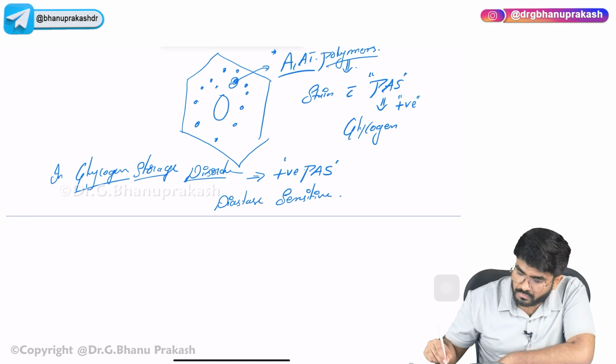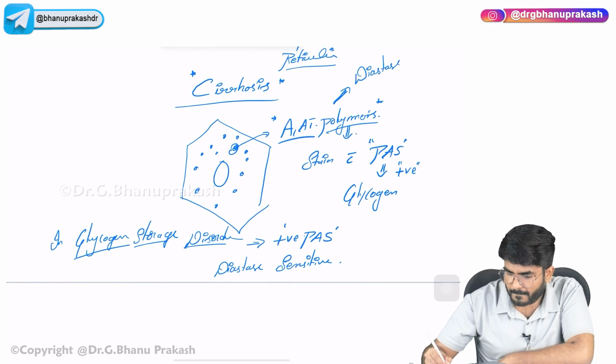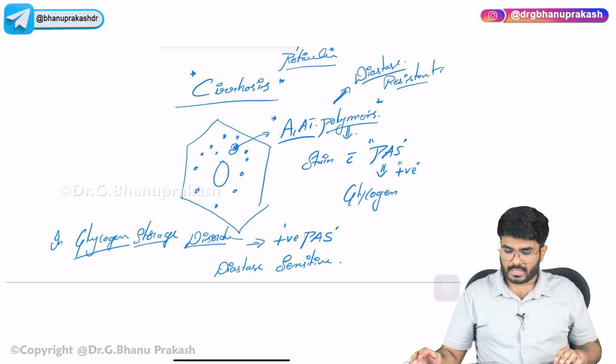Our alpha-1 antitrypsin polymers, however, are diastase resistant. This is how you can differentiate between these two conditions.